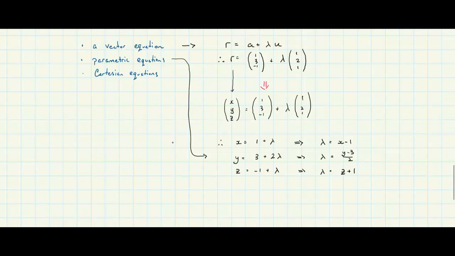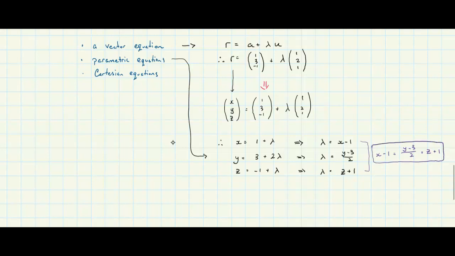Now, my final statement here, as a set of Cartesian equations in 3D, I get x minus 1 equaling y minus 3 over 2, which equals z plus 1. So that's my set of Cartesian equations.